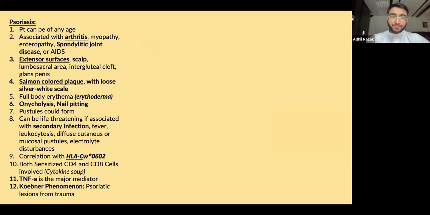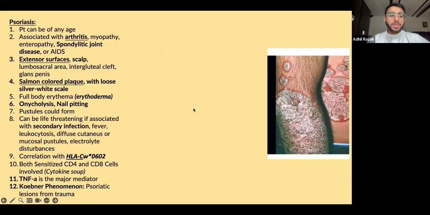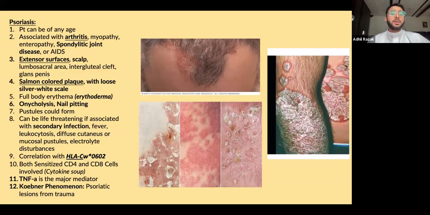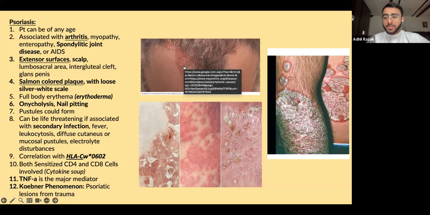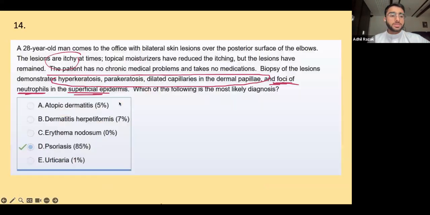And once again, where was the lesion? It was on the posterior surface of the elbows, which means an extensor surface. It could be the scalp, as you can see in this image right here. This is an extensor surface. Flexor surfaces are eczema; atopic dermatitis or eczematous conditions are usually on flexor surfaces.